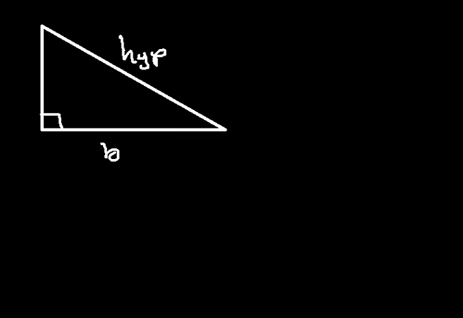Now, let's say this is side A, and this is side B, and this is side C, which is the hypotenuse. According to the Pythagoras theorem, how are these three sides related?